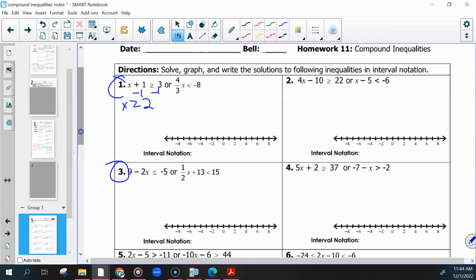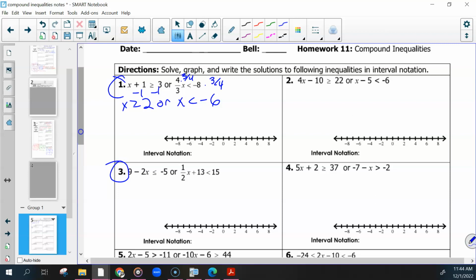Yeah, we've got to put the fraction and then multiply. So multiply by the reciprocal is what that's called. Flip it, multiply on both sides. So we have x is less than negative 24 over 4, negative 6.